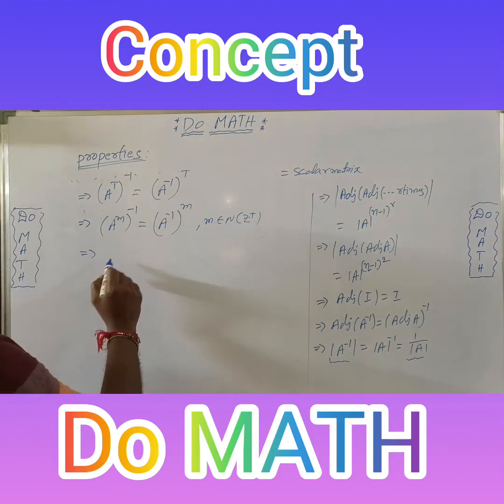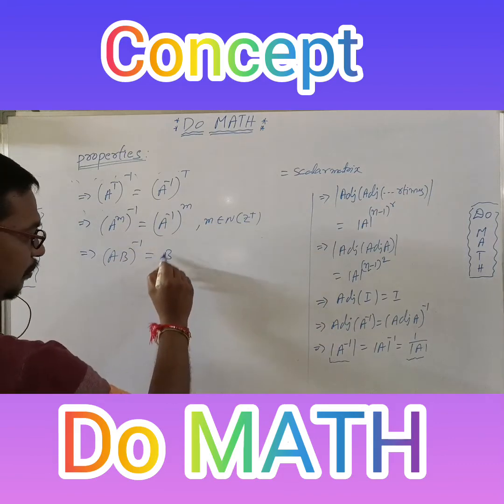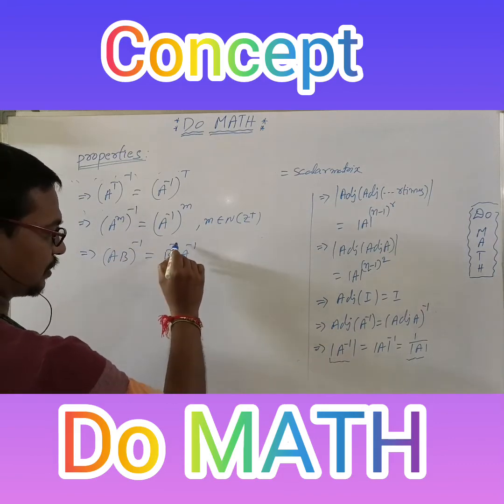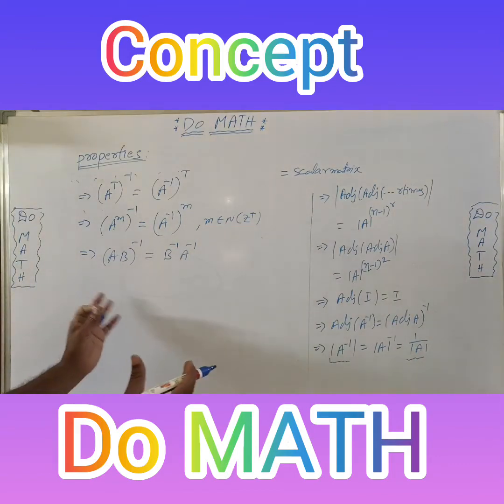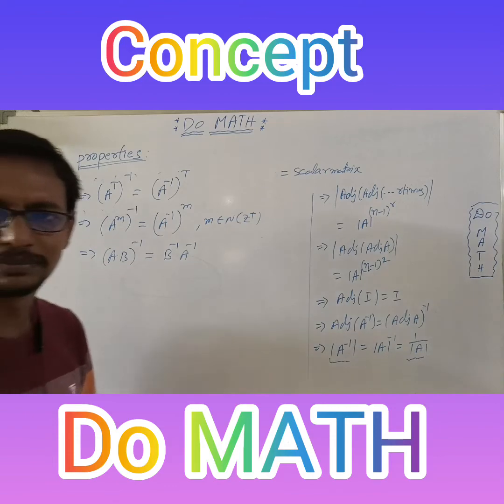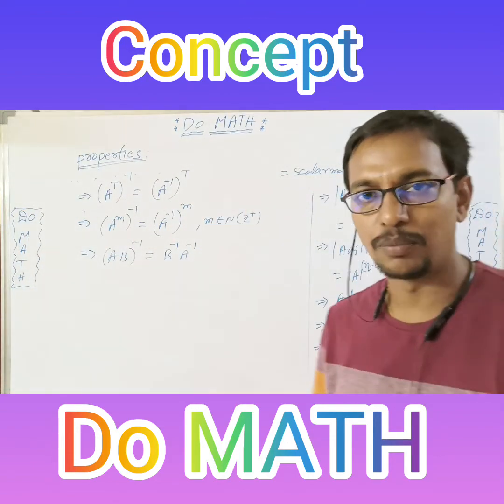And AB whole inverse is nothing but B inverse A inverse. Those are some important properties we can use for solving many problems.